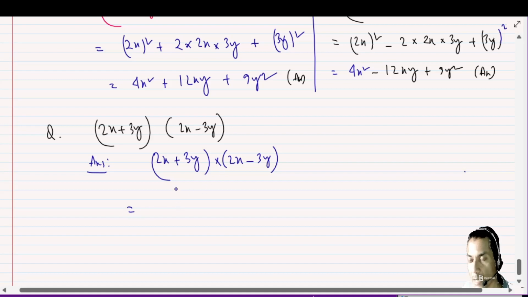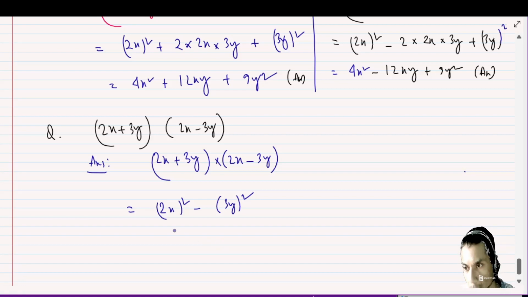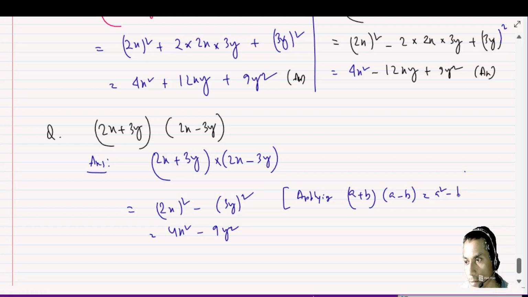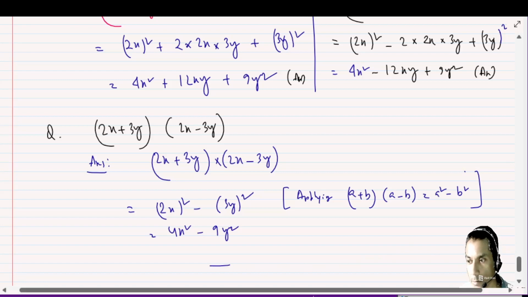It is (a plus b)(a minus b), so a square minus b square. (2x) square minus (3y) whole square. Clear? a square minus b square. So 4x square minus 9y square. Applying (a plus b)(a minus b) is equal to a square minus b square. Clear? Okay. You can do this.